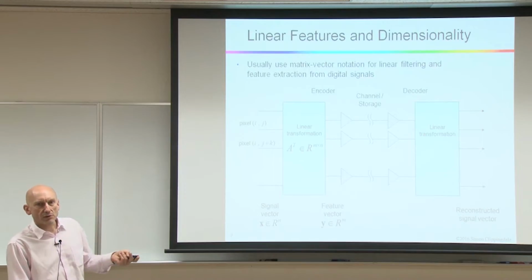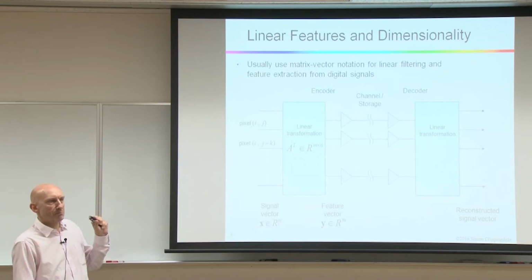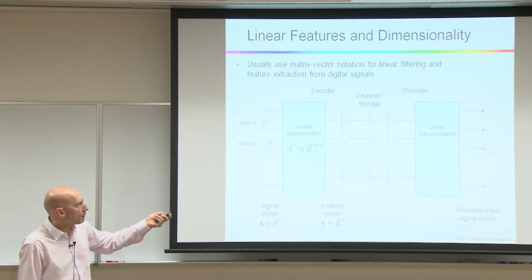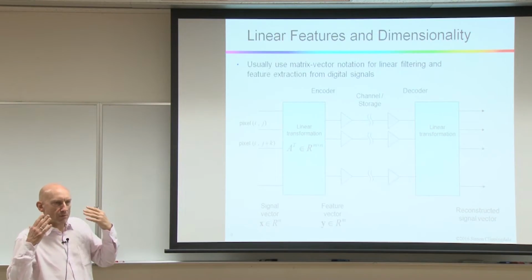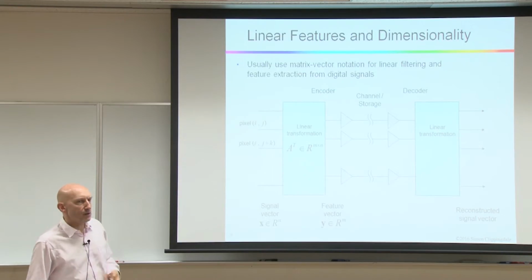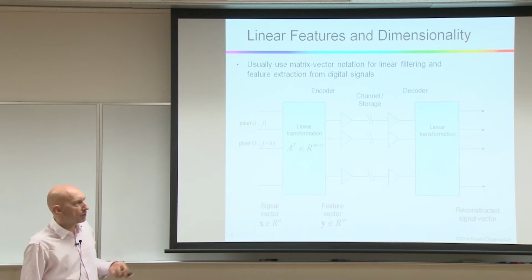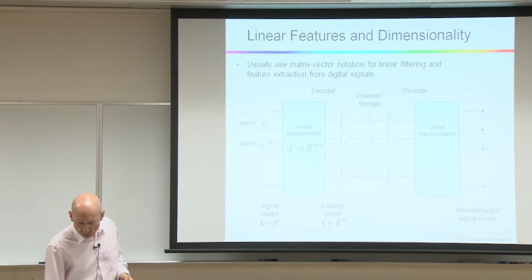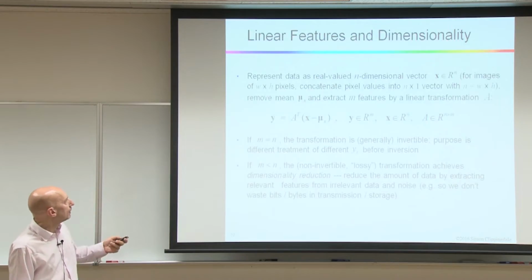You might, for example, assign lots of bits to these components that are important for how the image quality comes out at the other end, and you might not worry about being so accurate with some of the other components that don't affect the image quality so much or are not so visible, for example.